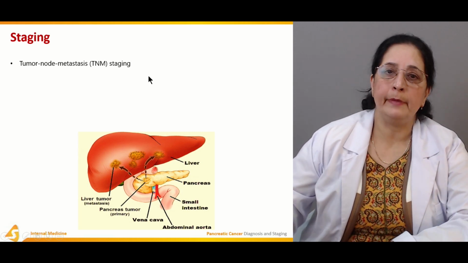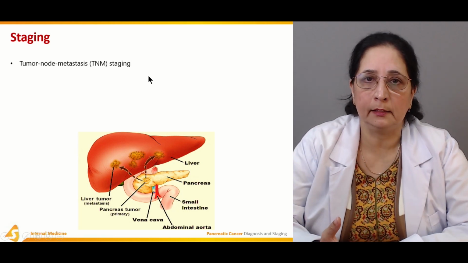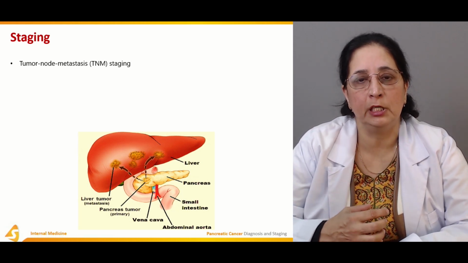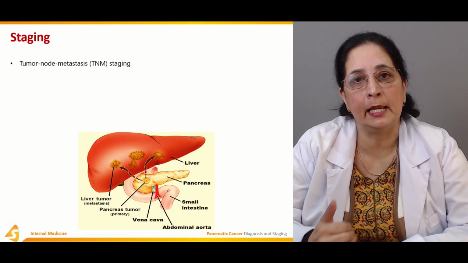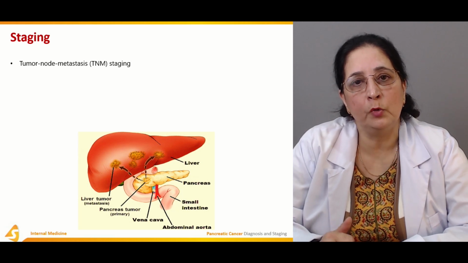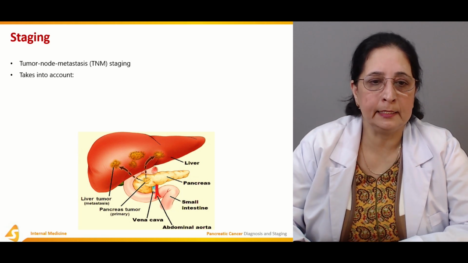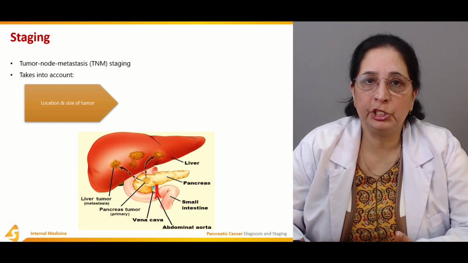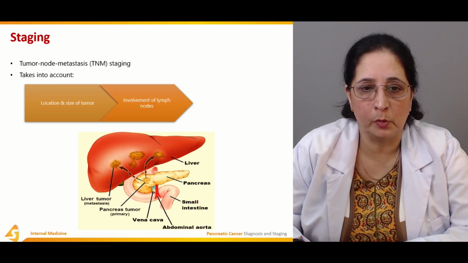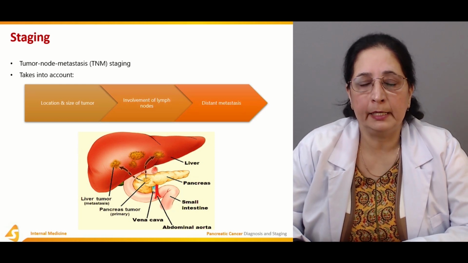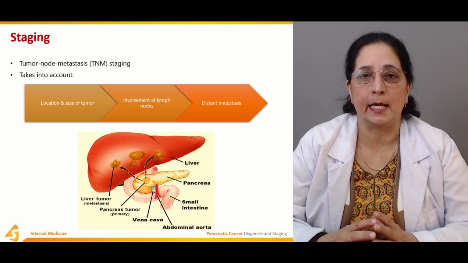Staging, as with any other cancer, is mainly done by the TNM method, which is tumor, node, and metastasis. It takes into account the location and size of the tumor, involvement of the lymph nodes, and distant metastasis.